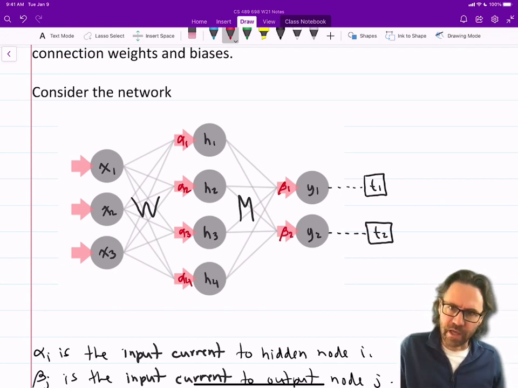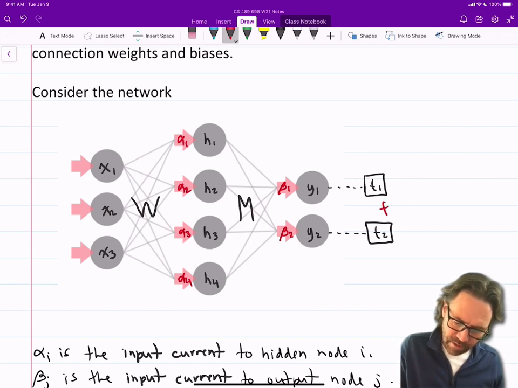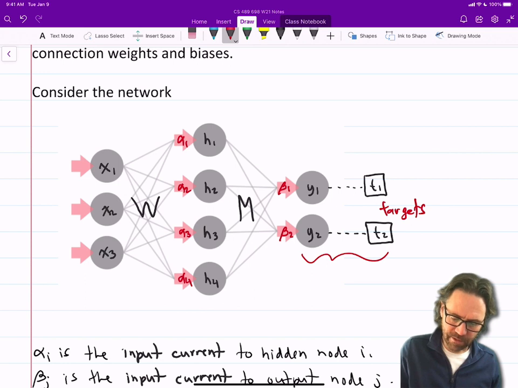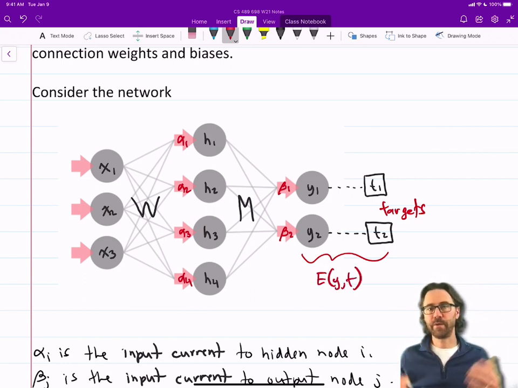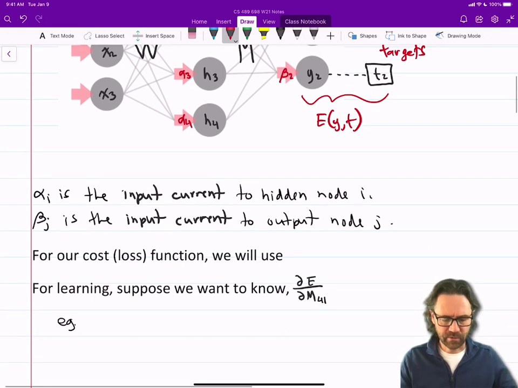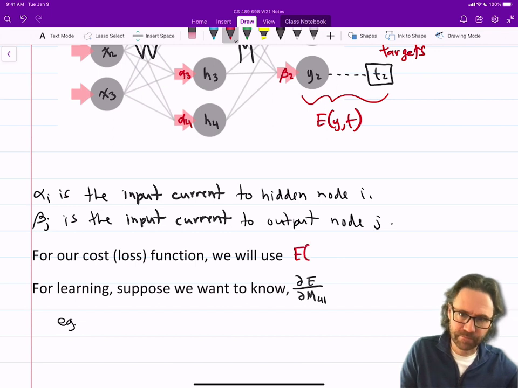Now the outputs are compared to the targets using the loss function E, which could be whatever. Alpha I is the input current to hidden node I. Beta J is the input current to output node J. And our cost or loss function, we're going to use E.